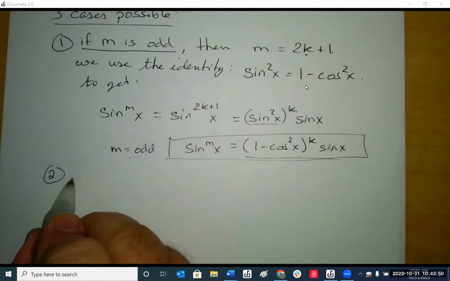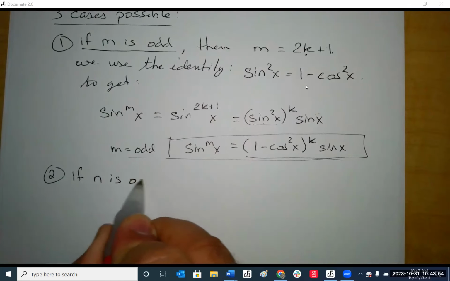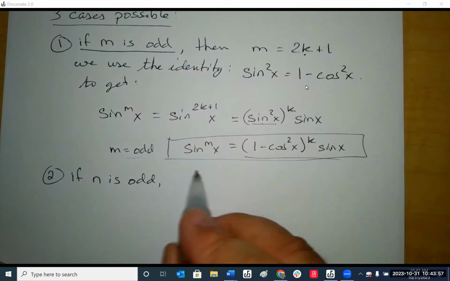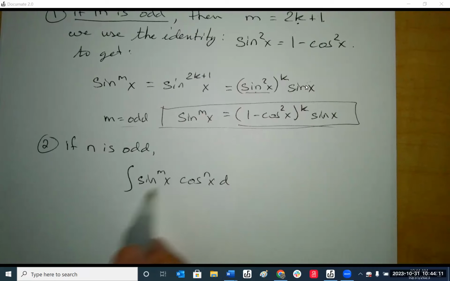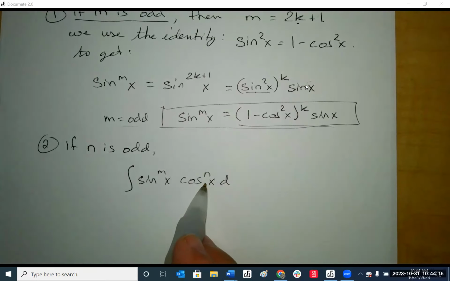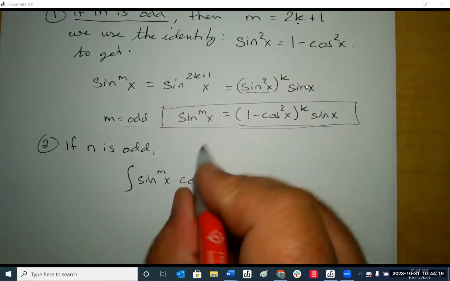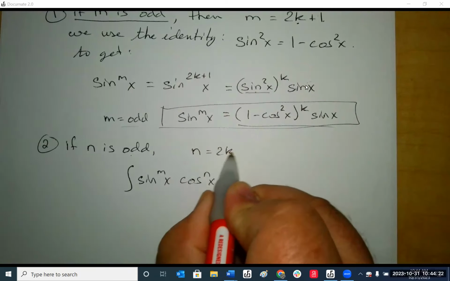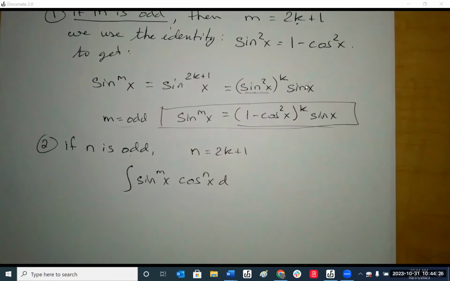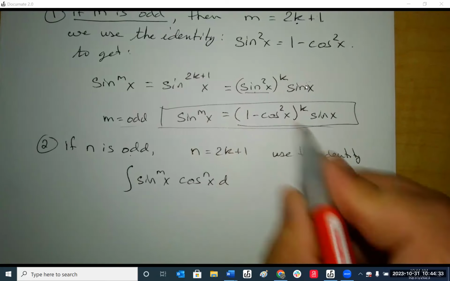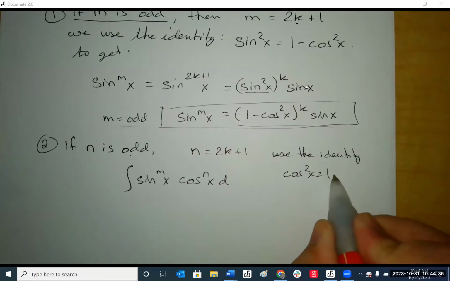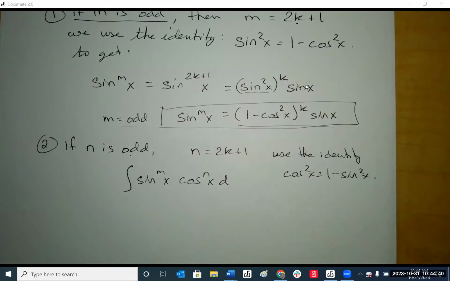Case number 2. If n is odd, because remember, n is the exponent of the cosine function, then we write n as 2k plus 1, and we use the identity we used above, but this time it's cosine squared x equals 1 minus sine squared x.